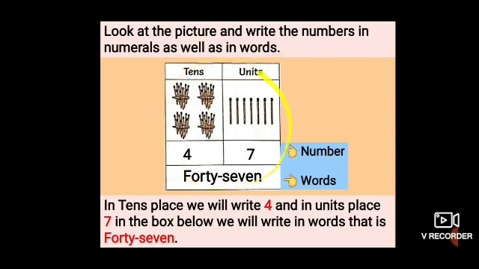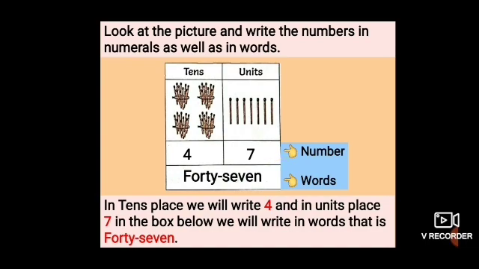First, we are going to count how many bundles of sticks are there in tens place. 1, 2, 3, 4. So the number you are going to write in tens place is 4. Let's count how many sticks are there in units place. 1, 2, 3, 4, 5, 6, 7.